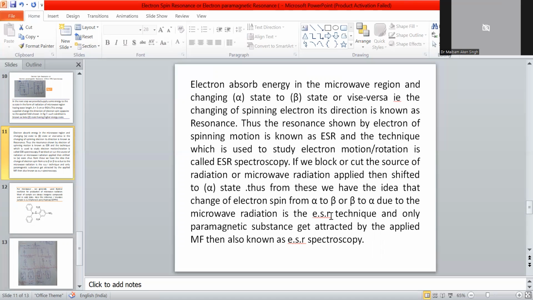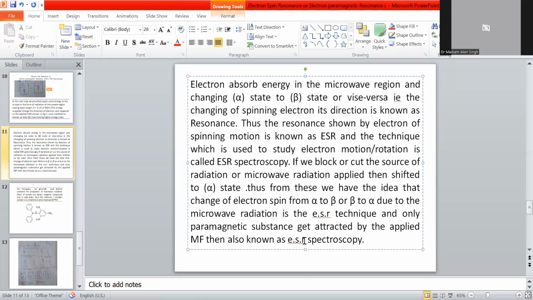Here, if we cut off the source of the radiation, that is the microwave radiation applied, then the electron shifted from beta to alpha due to the microwave returns again to the original, initial state.